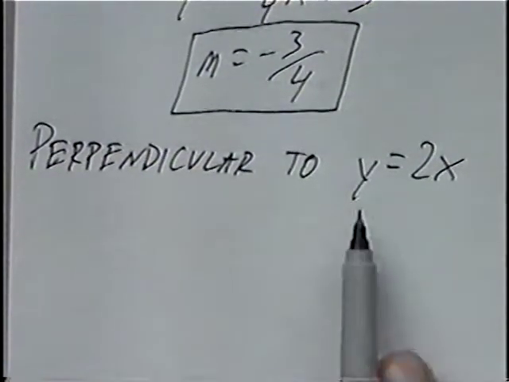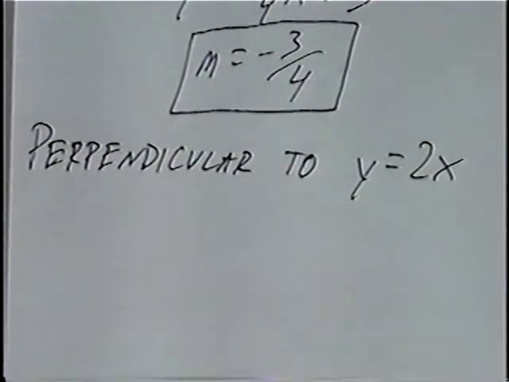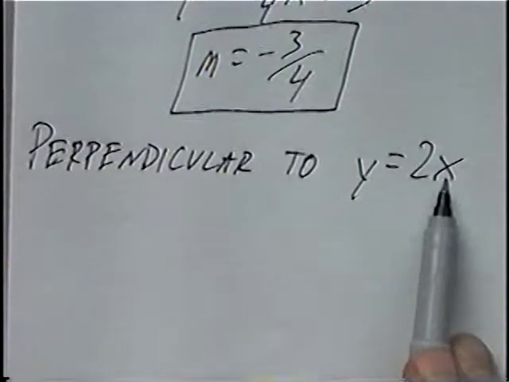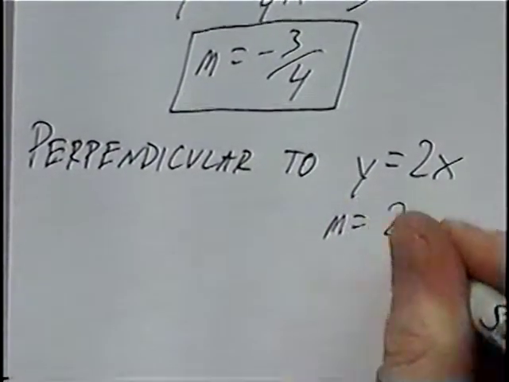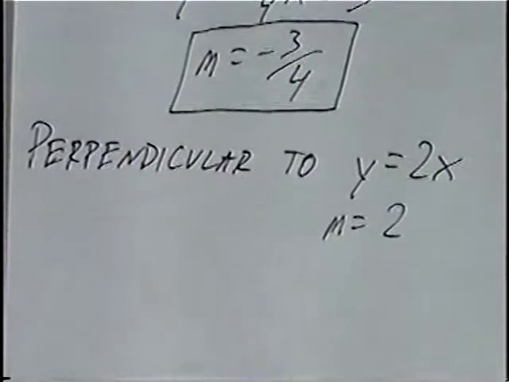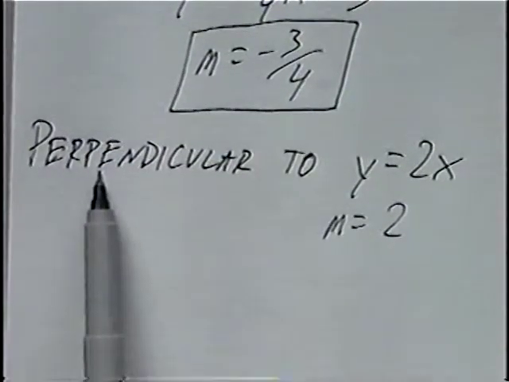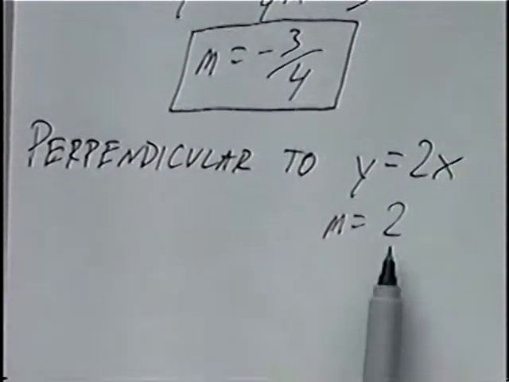This equation is already in mx plus b form or slope-intercept form, where m, the slope number in front of x, is 2. So this equation, m equals 2, but instead of the answer being m equals 2, we want perpendicular to the slope or perpendicular to 2.